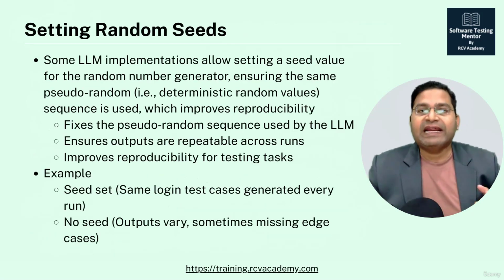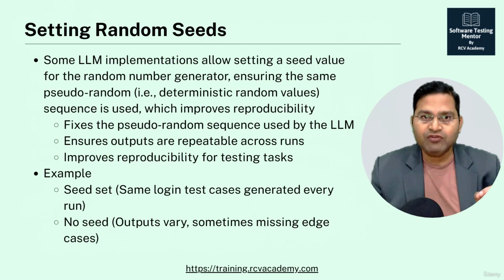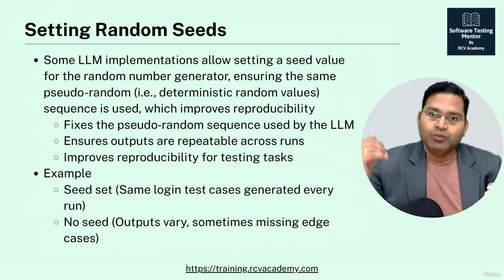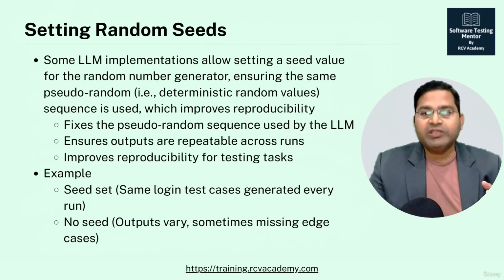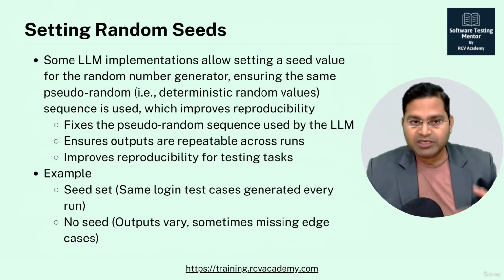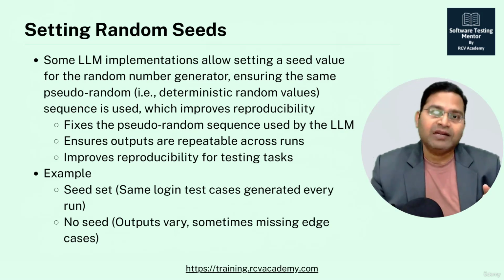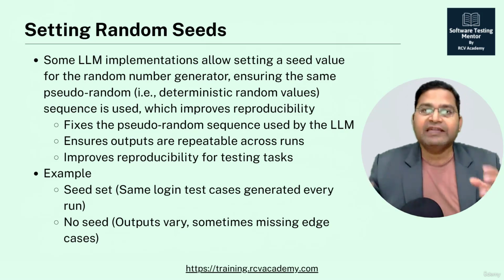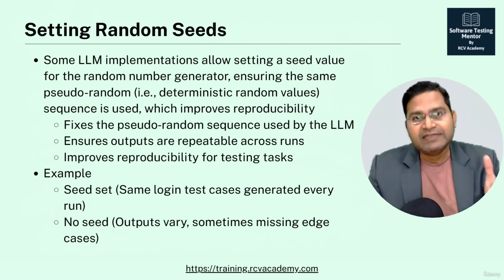Then, setting random seeds. Some LLM implementations allow setting a seed value for the random number generator. This ensures a pseudo-random, that is, deterministic, sequence of random values is used, which improves reproducibility. Setting the random seed fixes the pseudo-random sequence used by the LLM. It ensures the outputs are repeatable across runs, and it improves reproducibility for testing tasks.